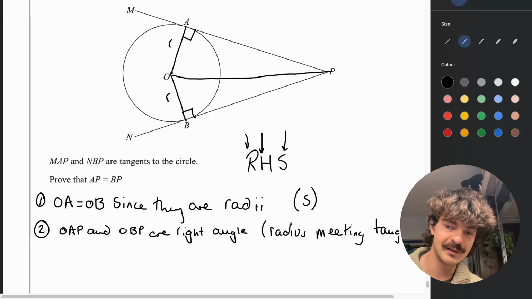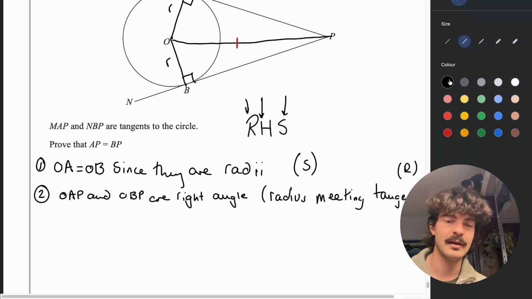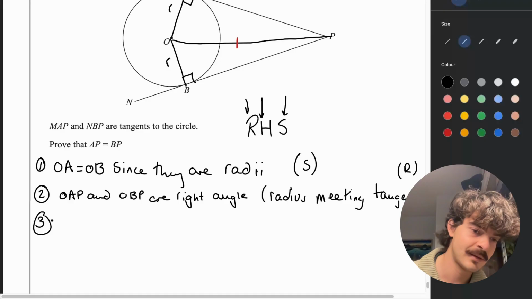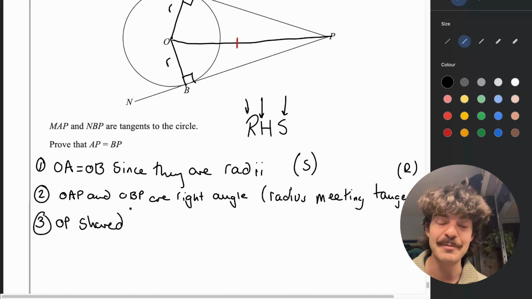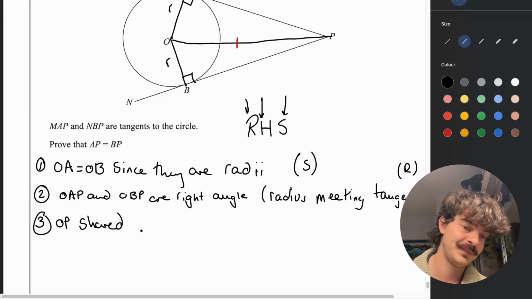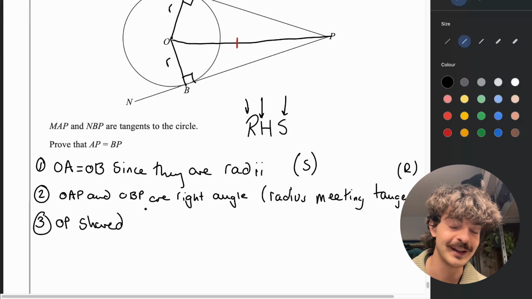This is our S, this is our R, and last but not least, we need to look at the hypotenuse of both the triangles and see what happens there. And lo and behold, the hypotenuse for both triangles, the longest side, is going to be this OP. And OP is shared. So it is the same for both triangles. And that is enough to show that it is congruent.